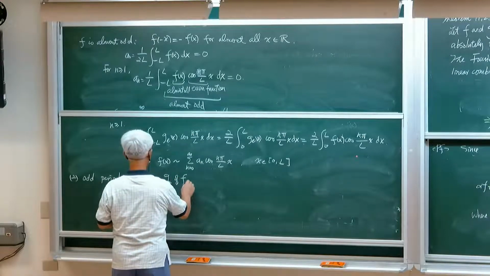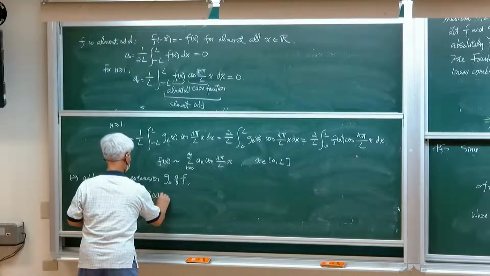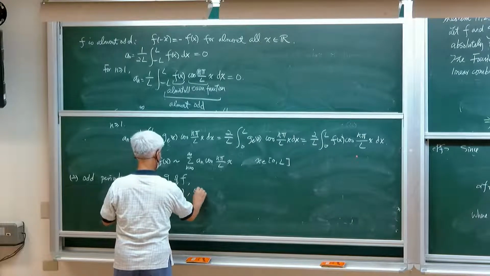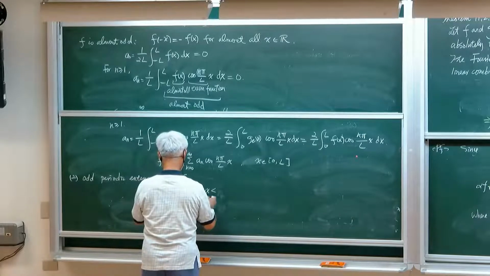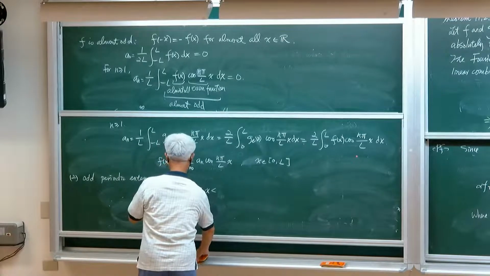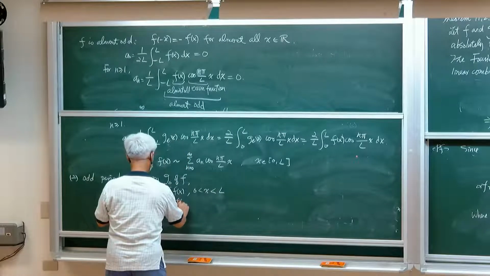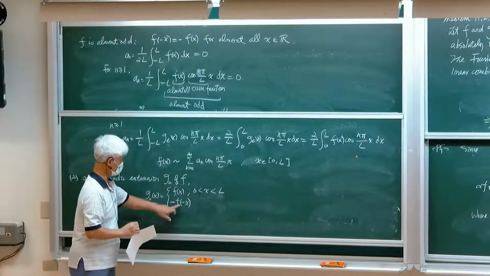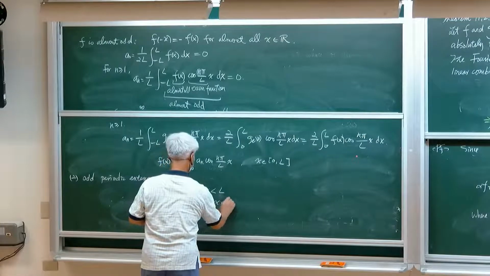By doing that, g_odd of x is equal to f of x when x is in 0 to L, and we specify minus f of minus x otherwise.